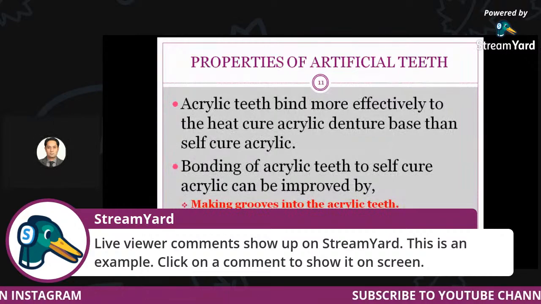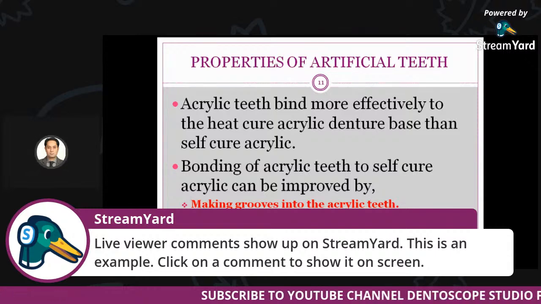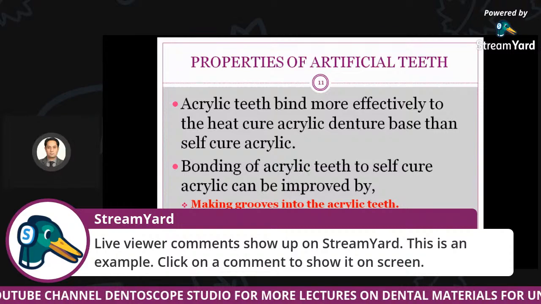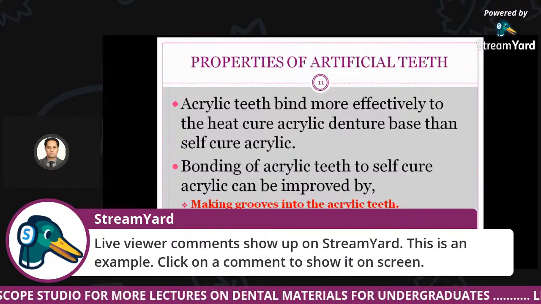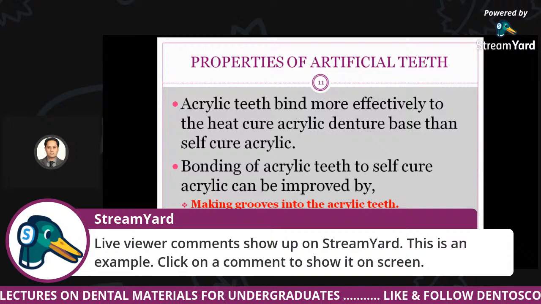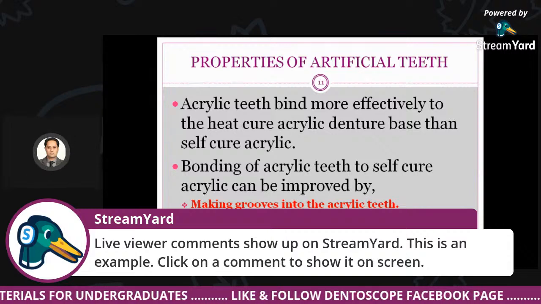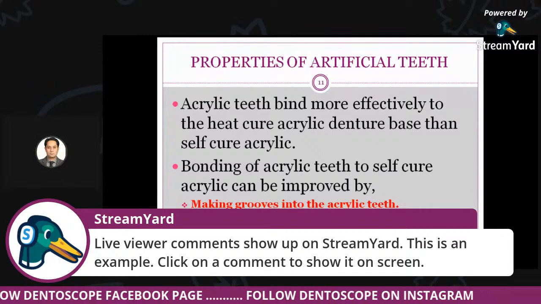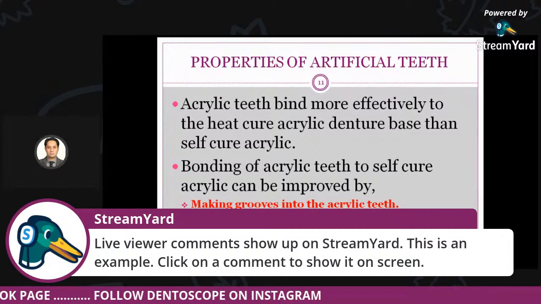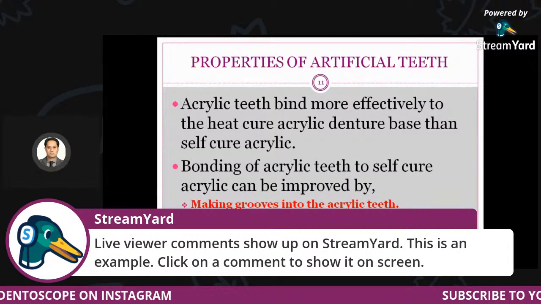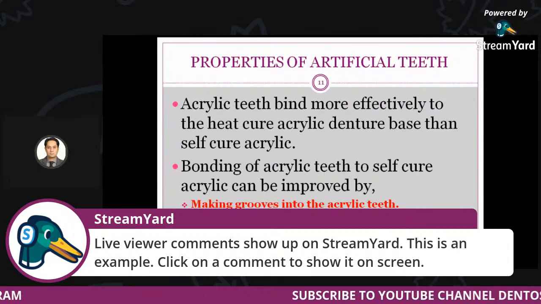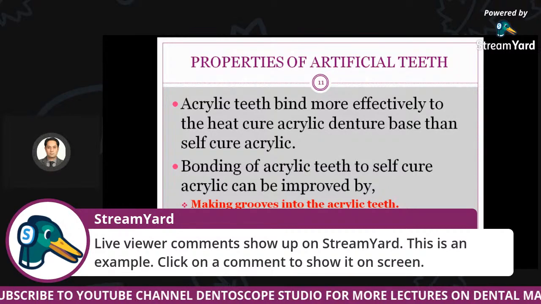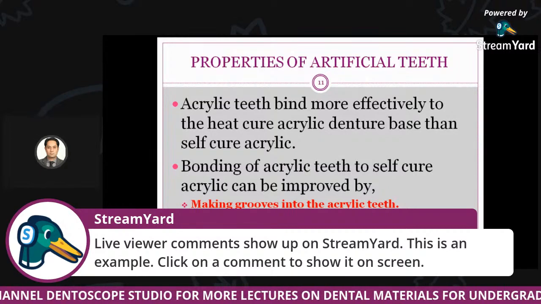Then, if we talk about the acrylic teeth, they bind much more effectively with the heat cure acrylic denture base as compared to the self cure. If you have some knowledge about the types of denture base material: one is heat cure, then self cure, then thermoplastic, microwave cured, and light cured.